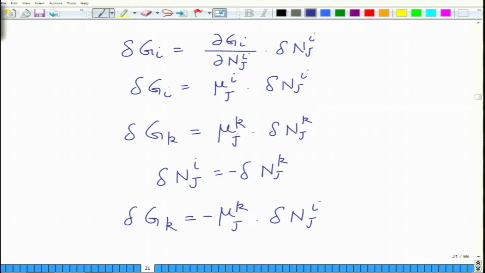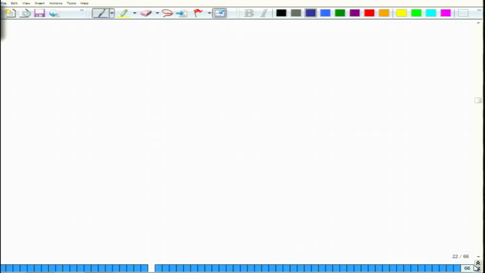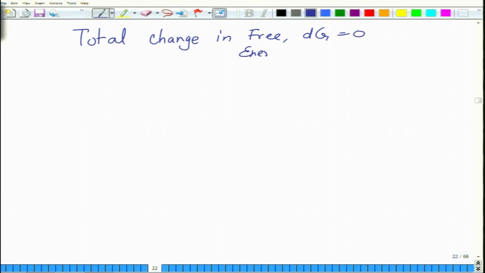Now for the system to be in equilibrium, the total change in free energy, which means dG, must be equal to 0. That means del Gi plus del Gk must be equal to 0.